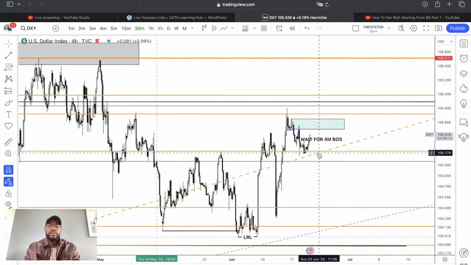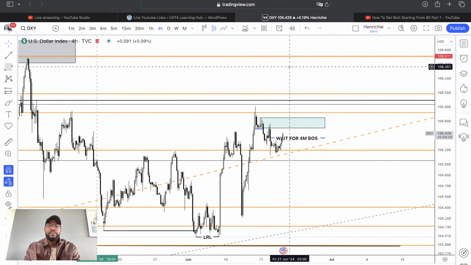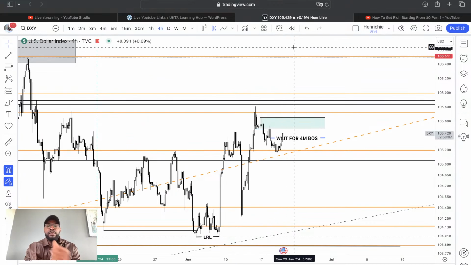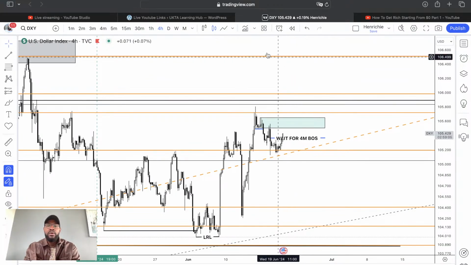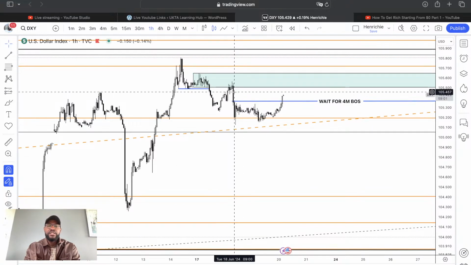So two things are involved. This is going to be a retest for a potential continuation to run the overall high, or whatever price is coming to right here, this inefficiency.